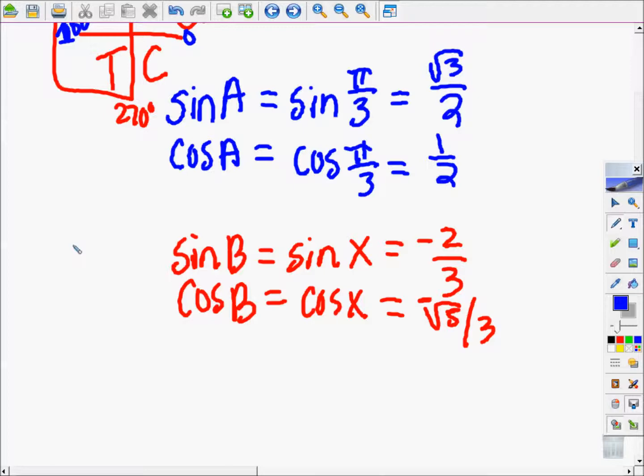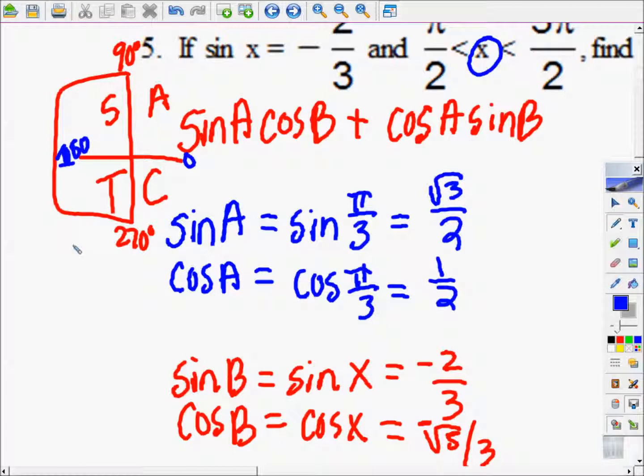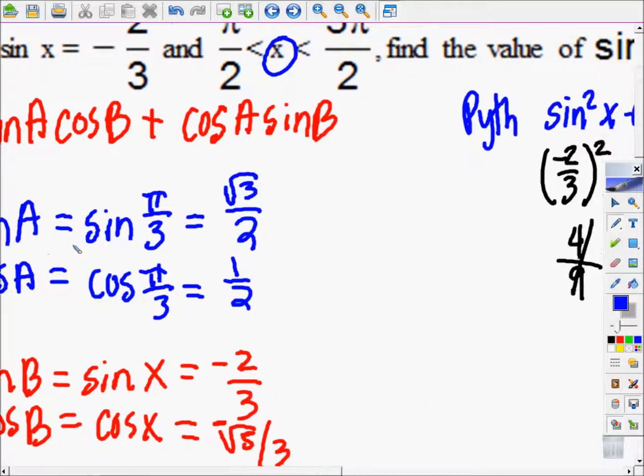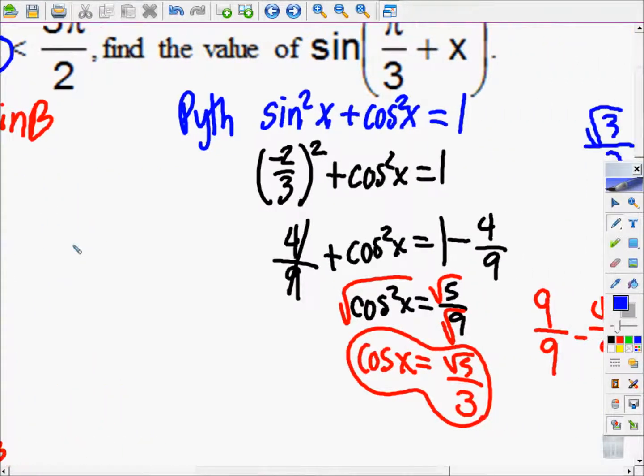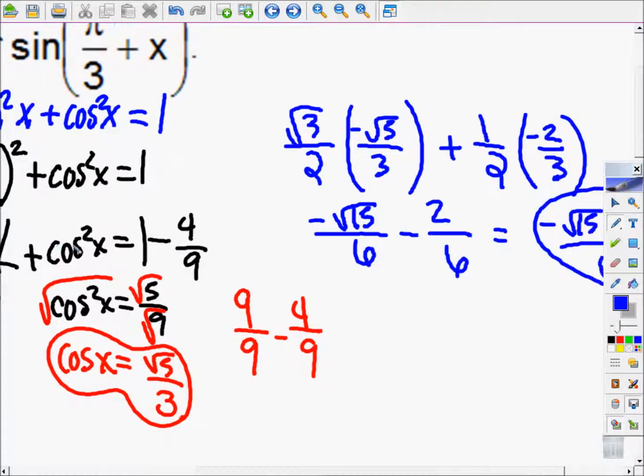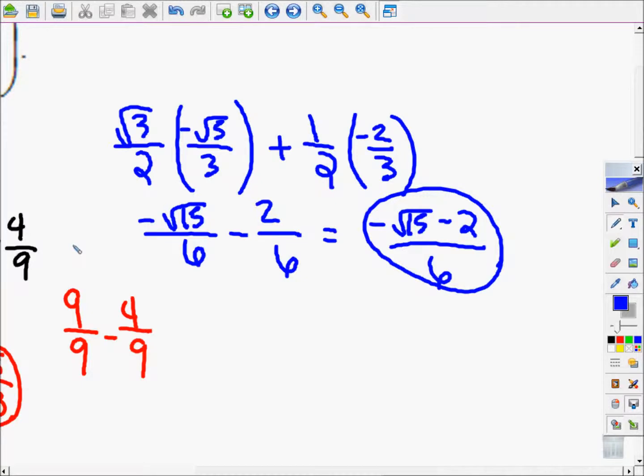All right, so do I have everything I need to plug into the formula? I have cosine of A, sine of A, sine of B, and cosine of B. So all I have to do is plug in. When I plugged in for sine of A, I got square root of 3 over 2.